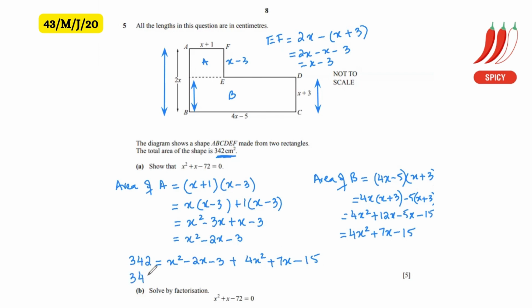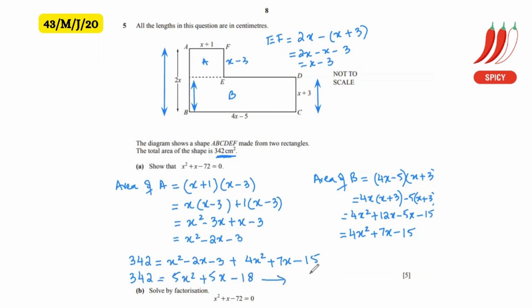So that's 342 equals x squared plus 4x squared, which is 5x squared, negative 2x plus 7x, which is plus 5x, and negative 3 minus 15, which is negative 18. Now we collect all of the terms on one side. So 342 would go on the right-hand side.